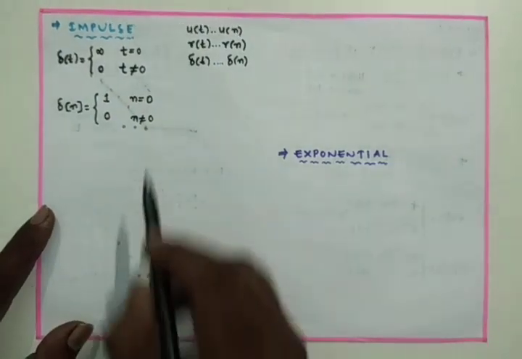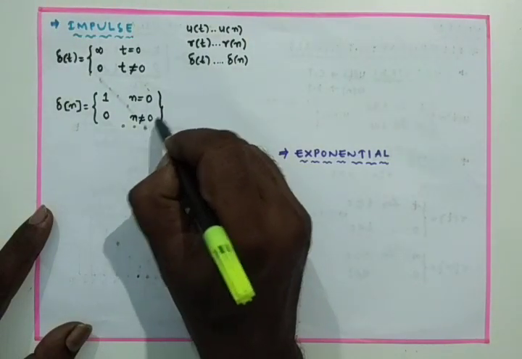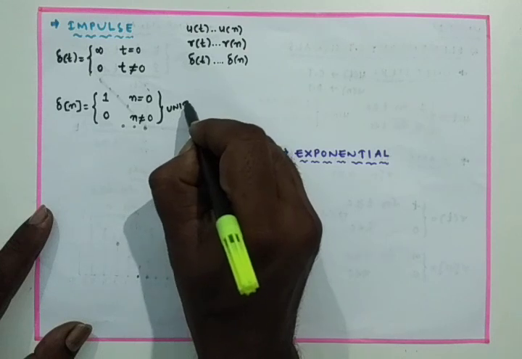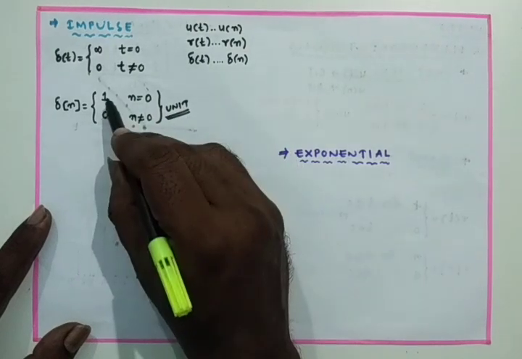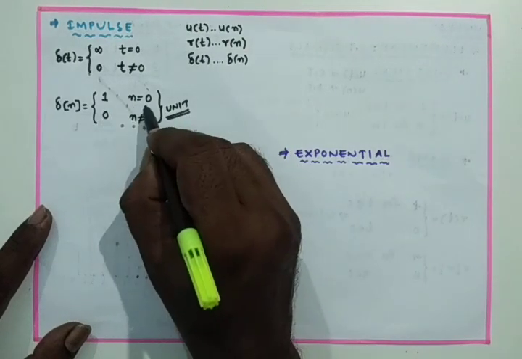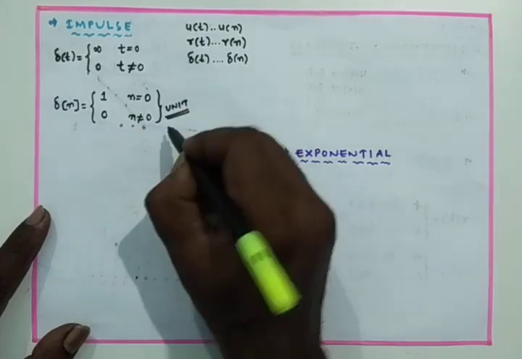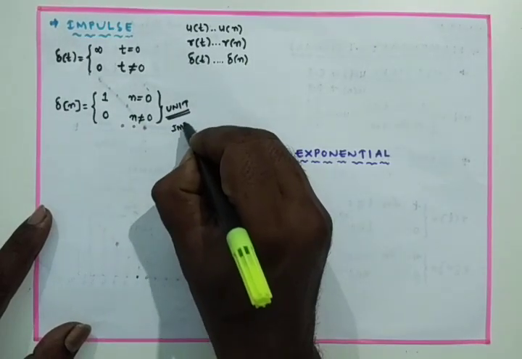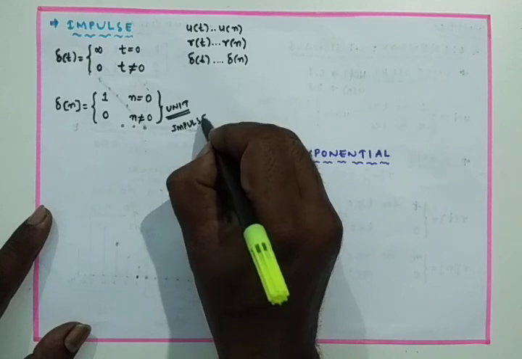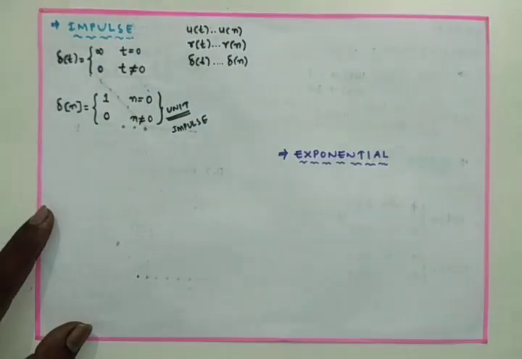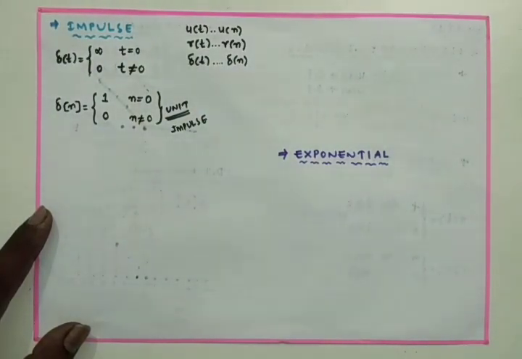This type of signal is named the unit impulse signal, because the amplitude of that signal is 1 at n equal to 0. We can see the unit impulse signal in case of discrete time signals only.